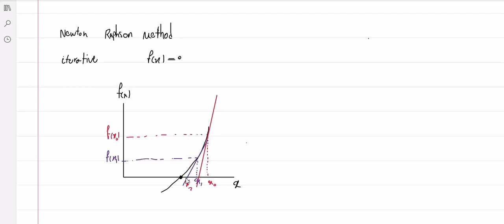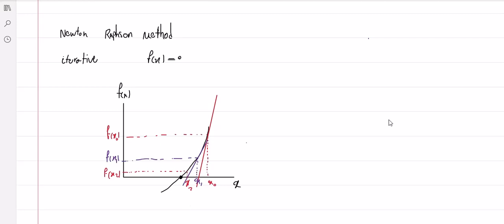This point is now closer to the black point, which is the root of the function. And I'm gonna find the y value for x2 as well, which would be f of x2. As it is visible in here, we are getting closer to the root based on the fact that we are using the tangent line for our guesses.